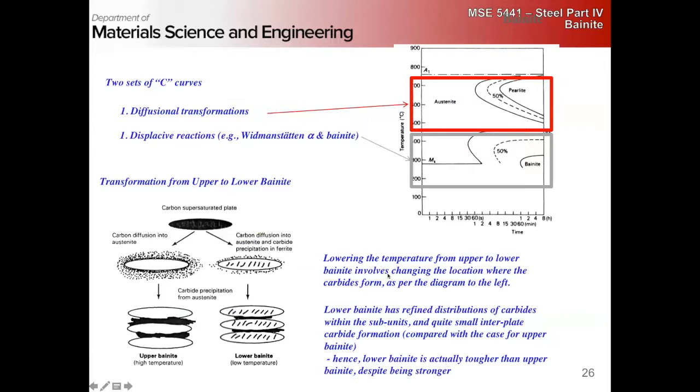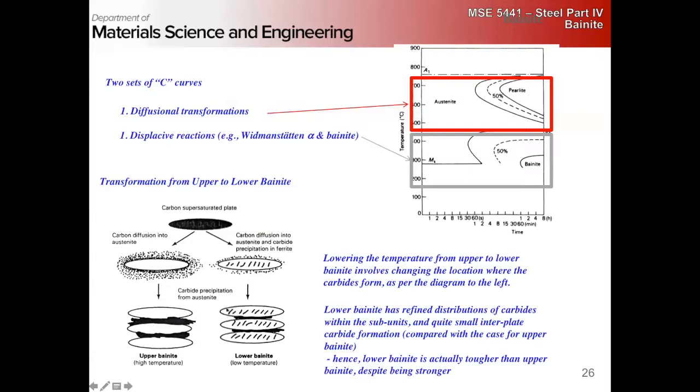And one point that seems a little counterintuitive at first, right? These carbides are very, very fine, right? But you have less in between the sheafs, and this cementite that's in between these subunits is a good spot for crack initiation.